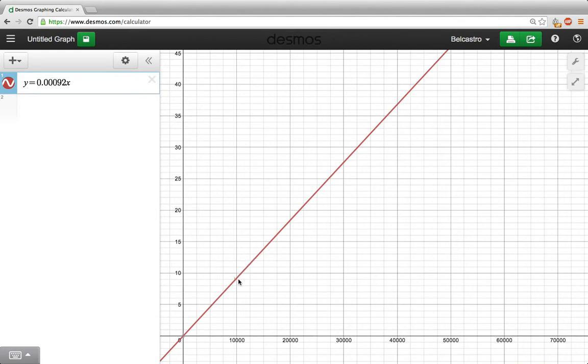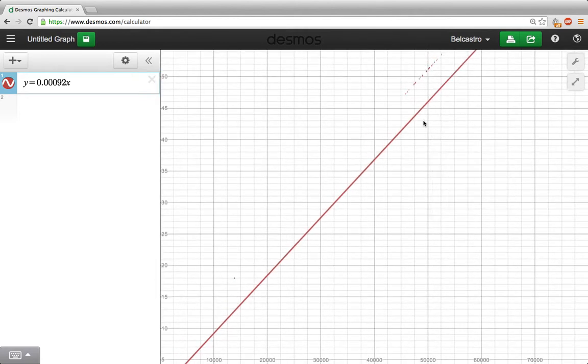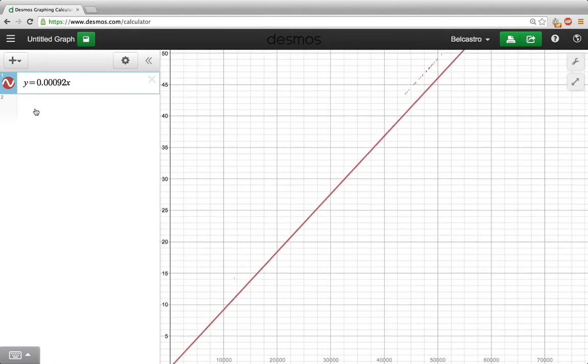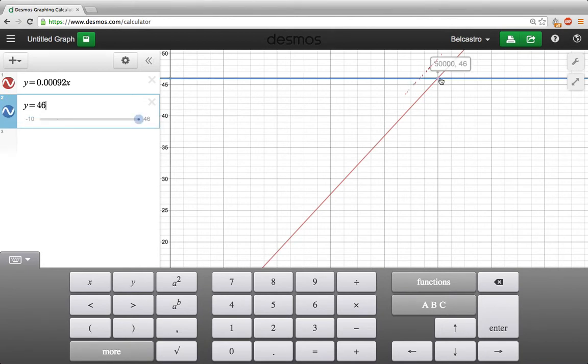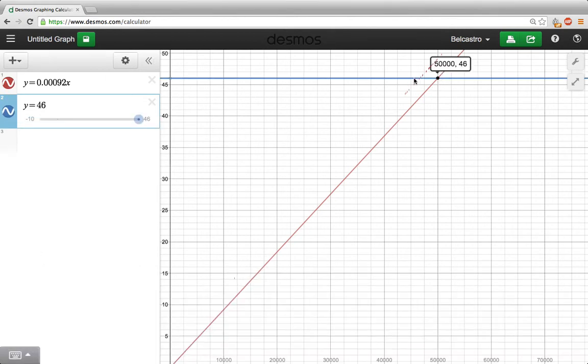What we need is to figure out at $46, okay? So in other words, that's some value up here, and I could just run along this to see. There's 42, 43, okay? But it'll actually probably be a lot more helpful if I use a point of intersection, y equals 46. And where y equals 46, this is exactly where these two lines meet.